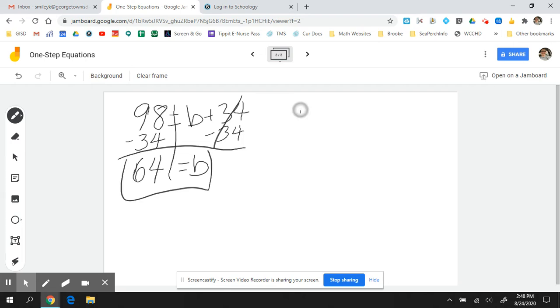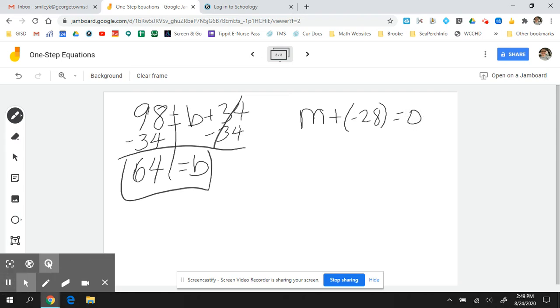Now, you will have some that are written kind of funky. So m plus negative 28 equals 0. We have a plus sign and a negative sign. What do we do? I really wish they would have written it like this: m minus 28 equals 0.